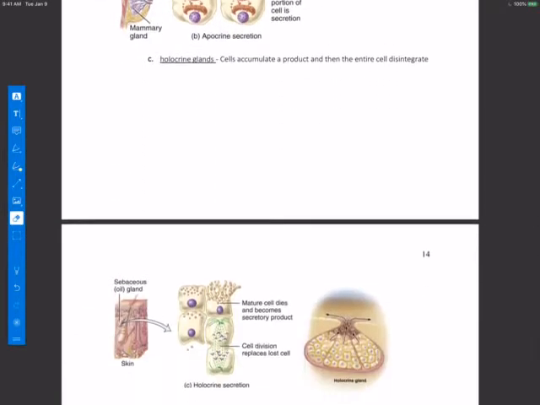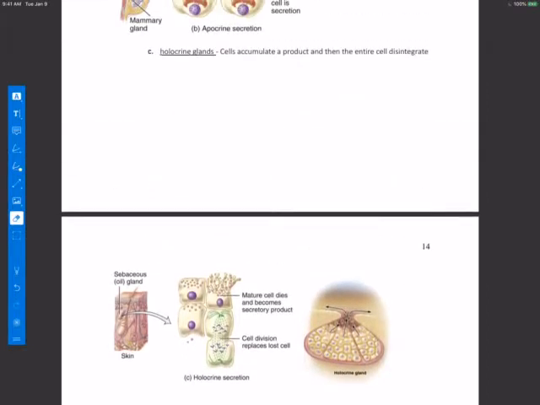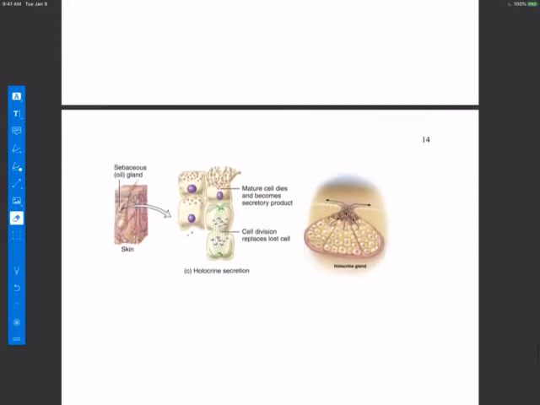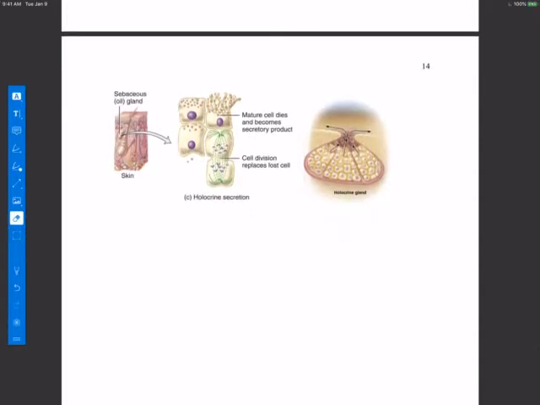The third mode of secretion would be the holocrine. This is when cells accumulate a product and then the entire cell disintegrates, releasing the product that way. So the secretion includes the product plus a mixture of cell fragments, since the cell was destroyed.